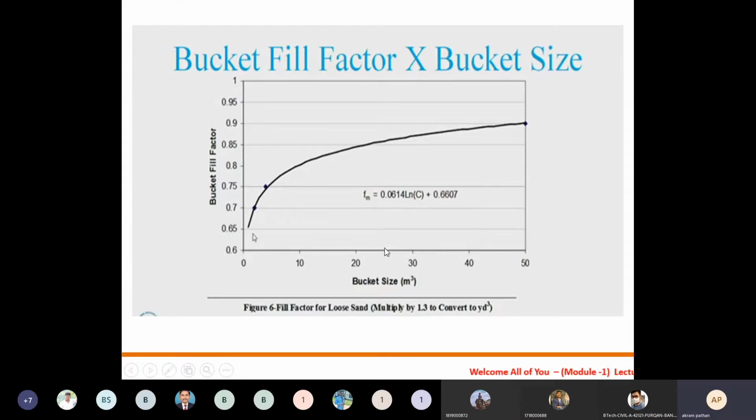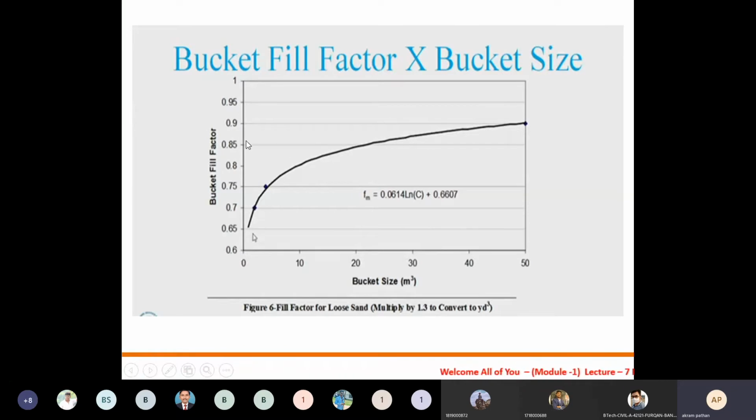It is used when solving examples on cycle time and output of the clamshell. For example, if the bucket capacity is 30 cubic meters, and you draw a vertical line from the x-axis up to this point, and then draw another horizontal line, when the two lines meet at a point, we get one point.